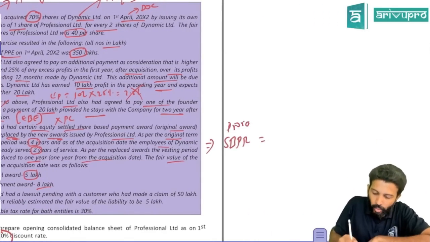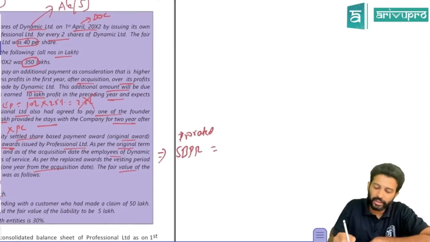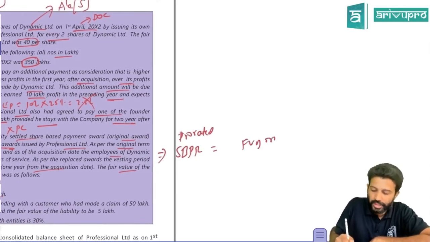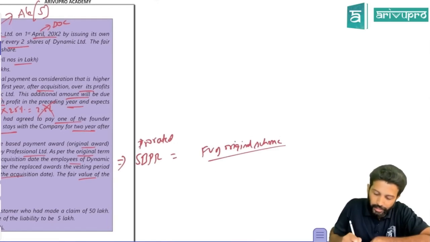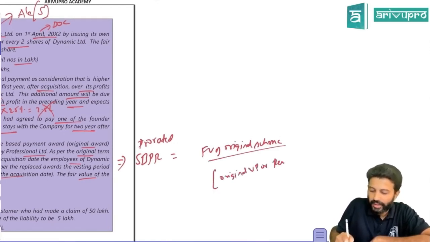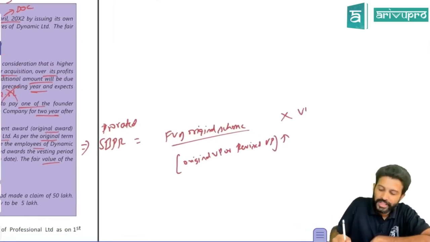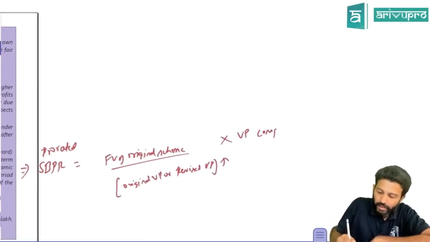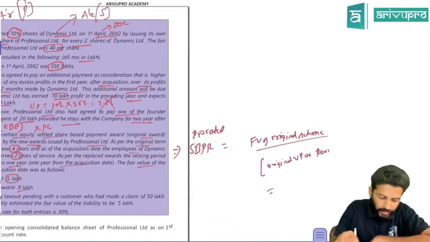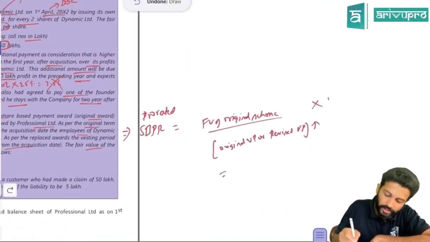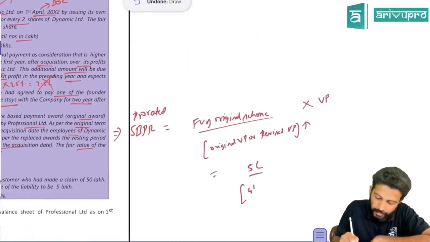How do you get that prorated SBPR? Fair value of the original scheme divided by the original vesting period or the revised vesting period, whichever is higher, multiplied by the vesting period completed. What is the fair value of the original scheme? 5 lakh, divided by the original vesting period of 4 years.